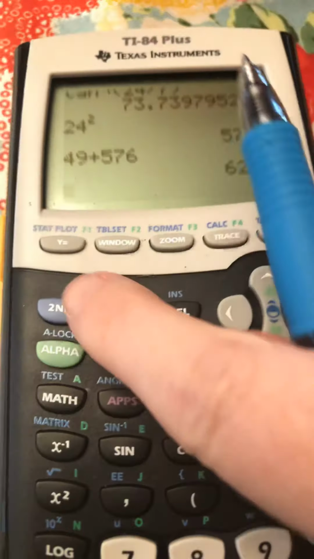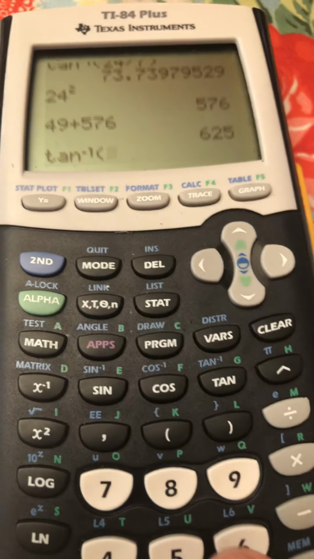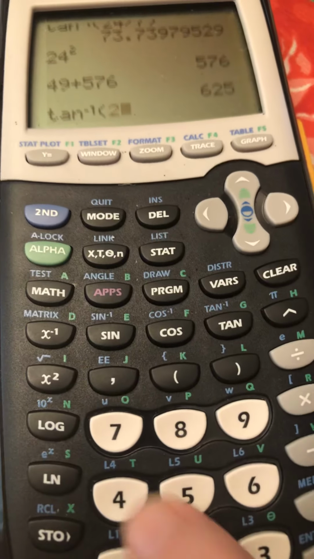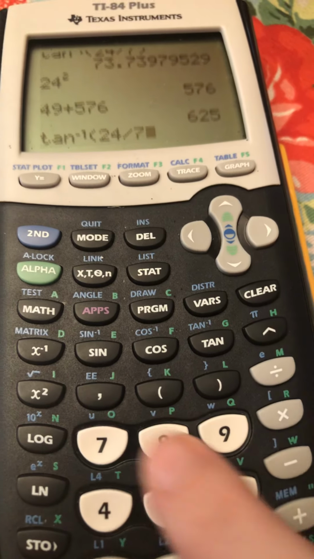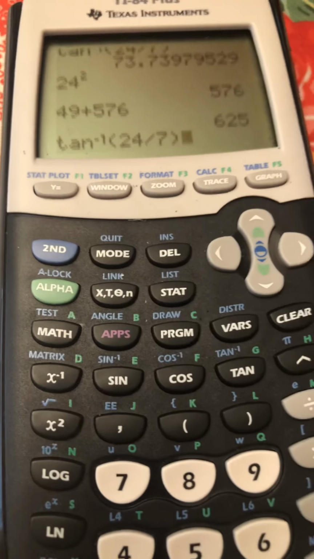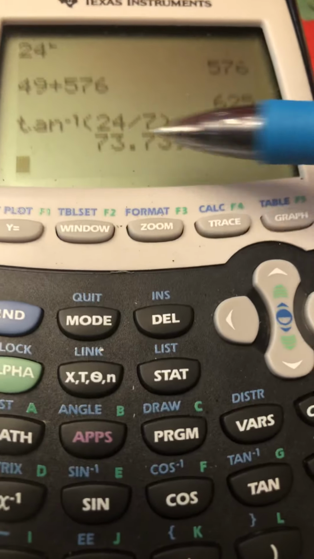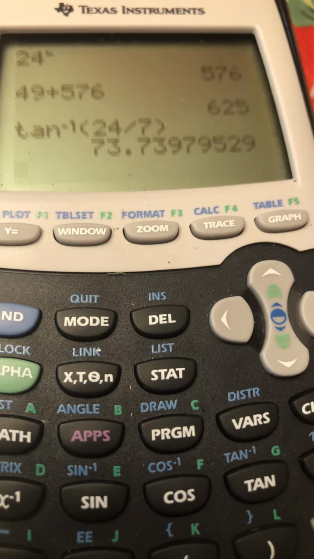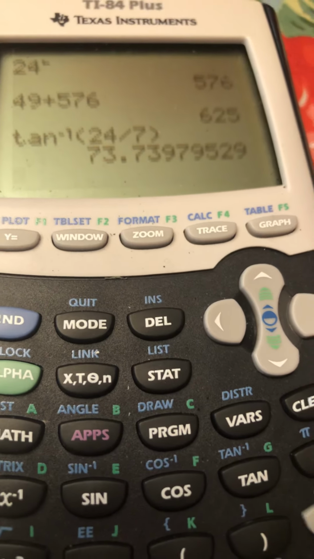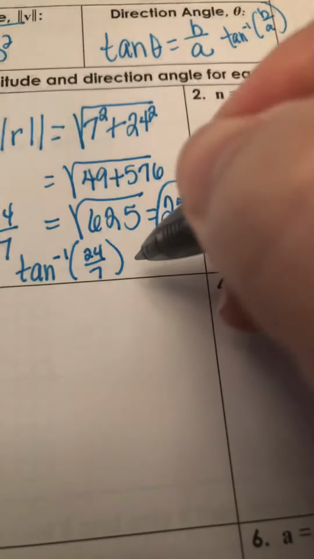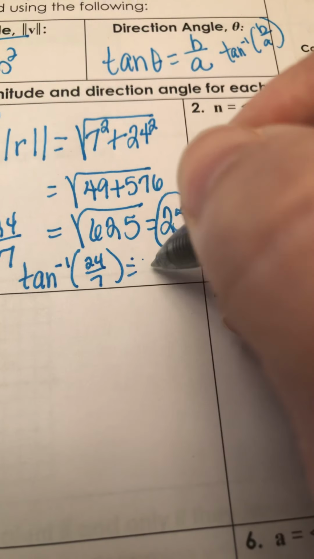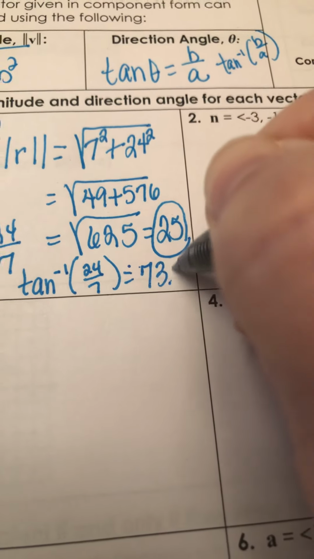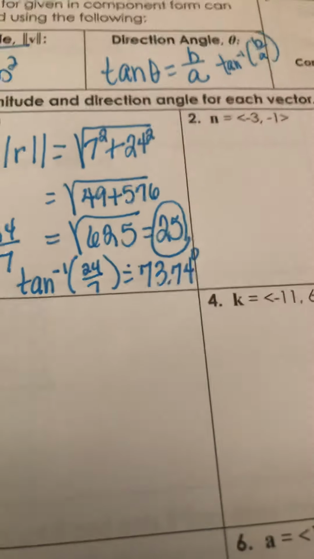So let's go over here and do second tan to find the inverse and put 24 over 7. Let's go at 2 decimal places, 73.74. So theta is 73.74 degrees.